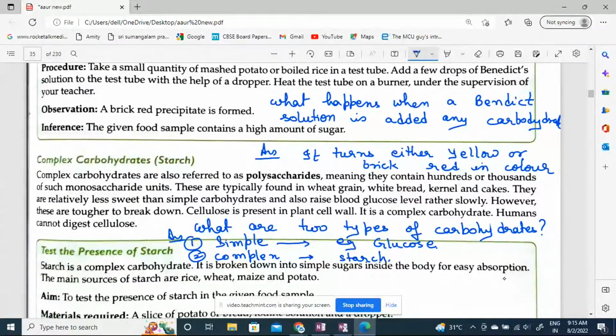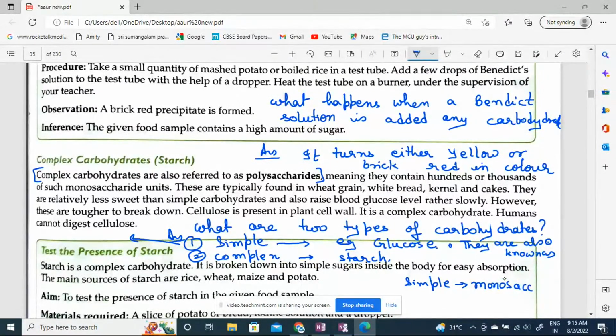Complex carbohydrates are also known as polysaccharides, and simple carbohydrates are also known as monosaccharides. I will write over here: simple carbohydrates are also known as monosaccharides.